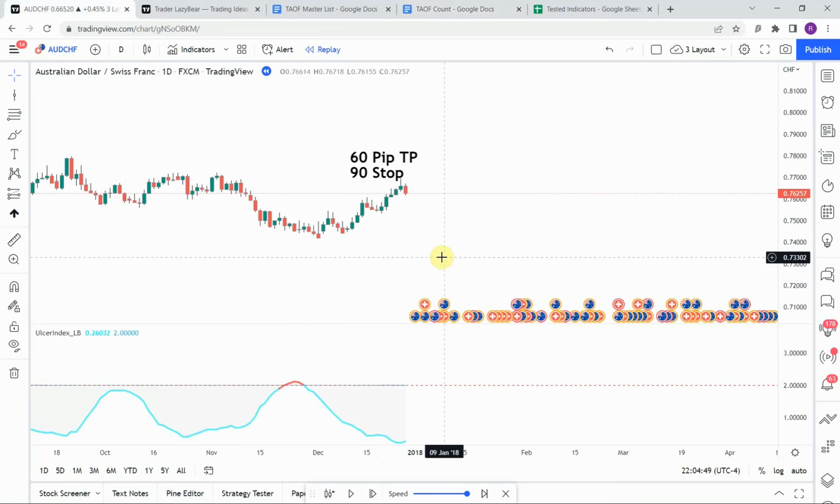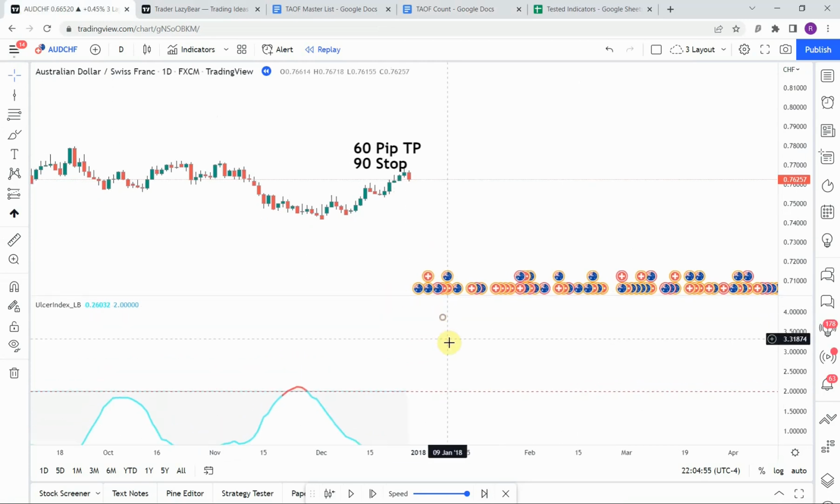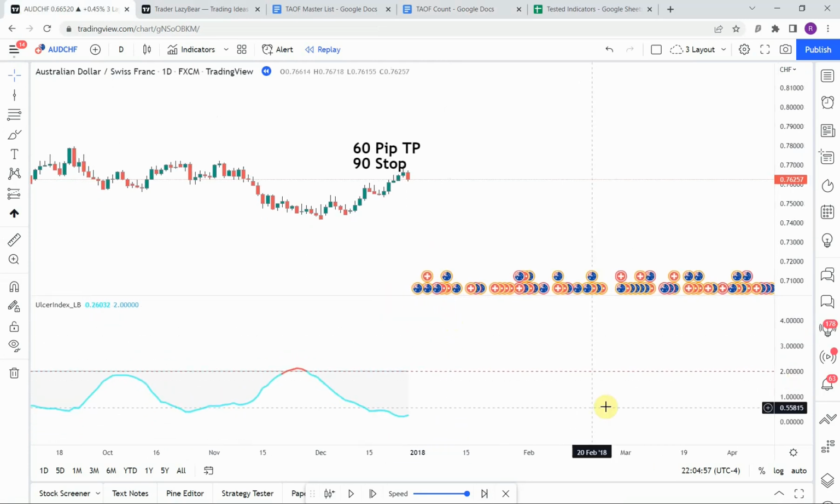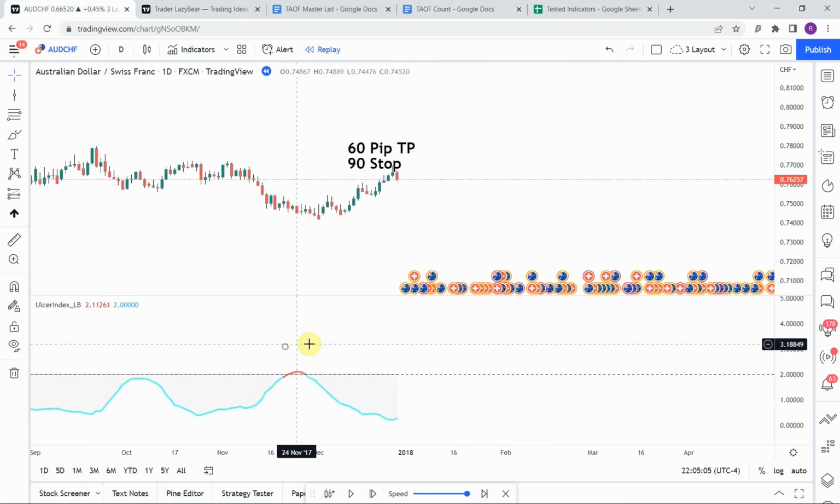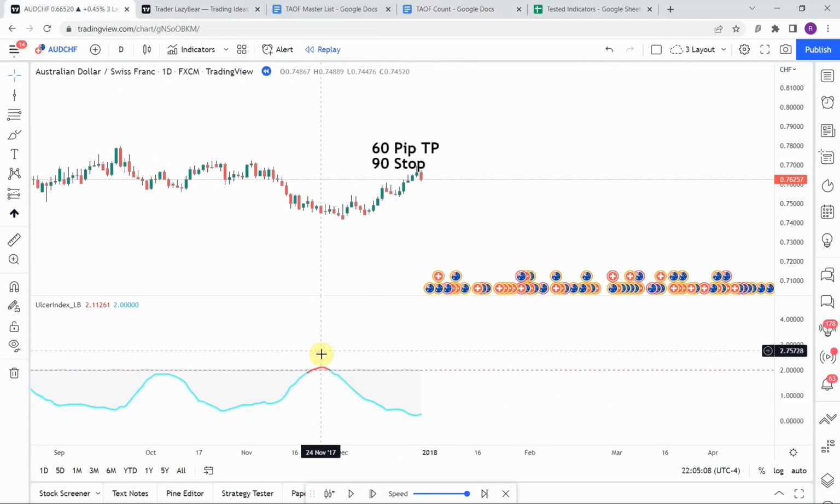Okay, so today's indicator is the Ulcer index indicator, and you can see it here on the bottom of the screen. I did have to go in and make a slight modification to this, just to see what this one can do. I was just curious with this one. Normally we test all the indicators on their default setting and we don't make any changes to them whatsoever.